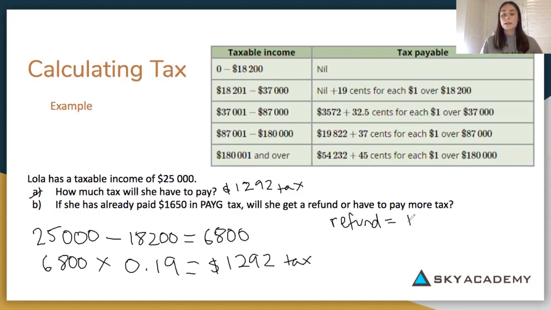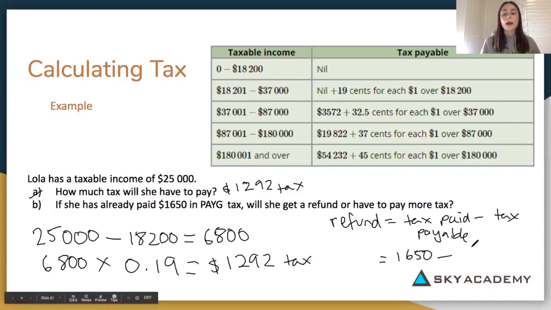It's going to be tax paid minus tax payable. The tax that she paid as she went was $1,650, minus the tax payable, and we just calculated the tax payable to be $1,292.